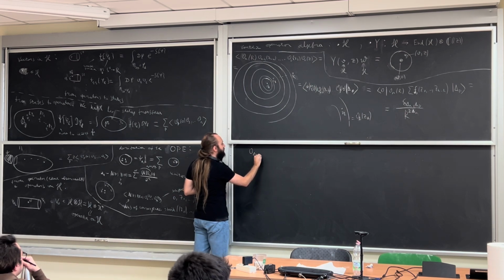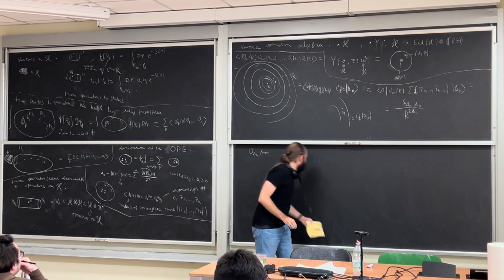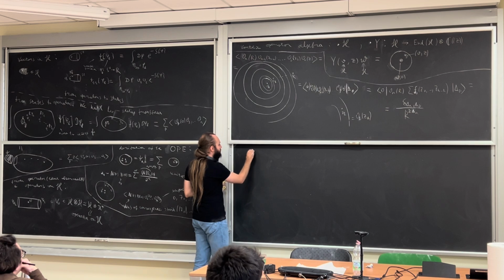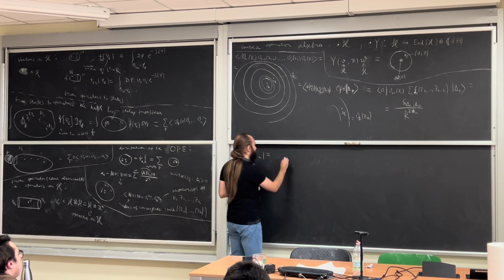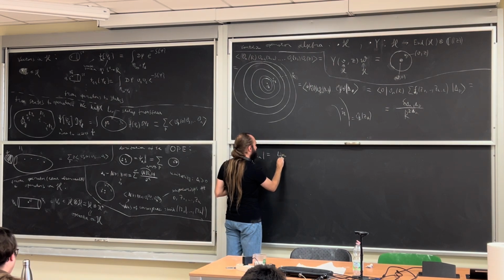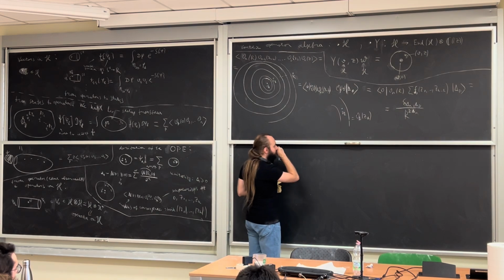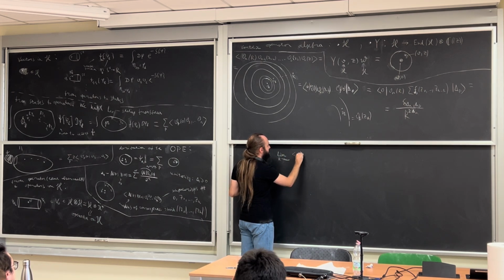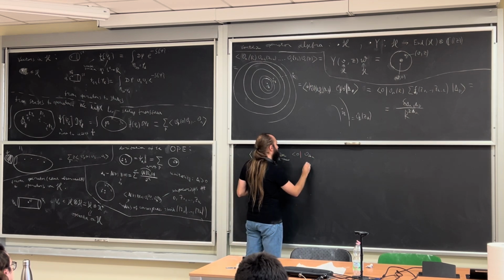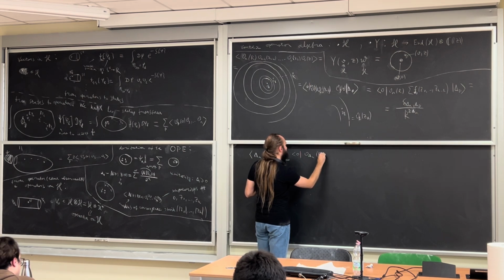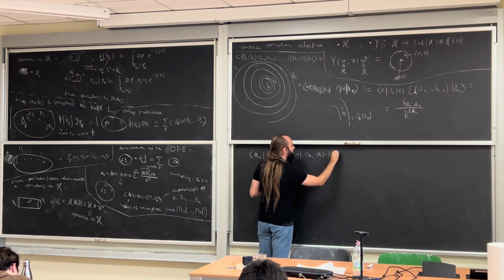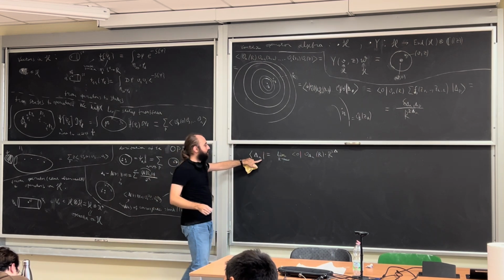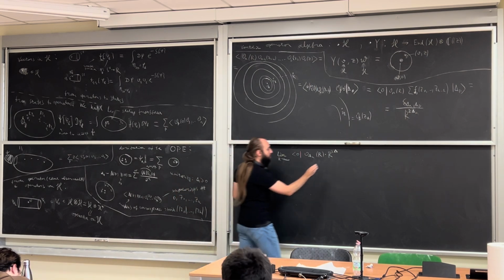Maybe better to say like this, that the state delta n equals the limit as R goes to infinity of the operator O delta n of R times R to the 2 delta. So in this way we get vectors in the dual space.